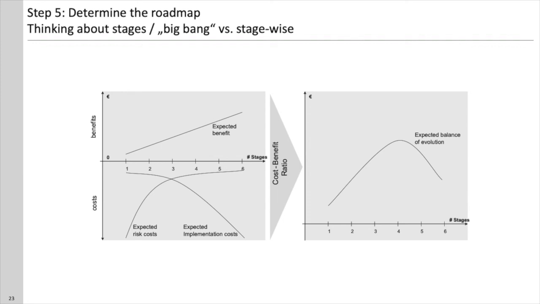Somewhere in between is the optimal number of stages. Here in this example it is 4 stages. So after we did the analysis that you see on that slide, we should plan for 4 stages, because there the sum of expected benefit, risk costs, and implementation costs has the optimum.